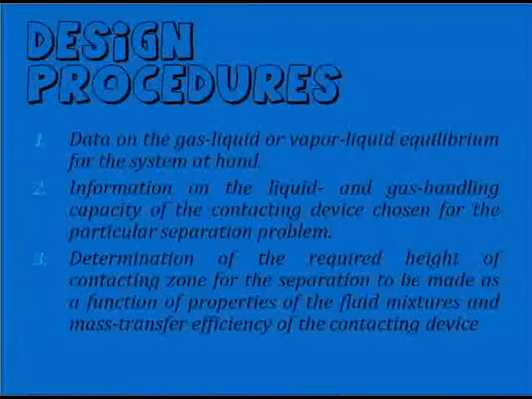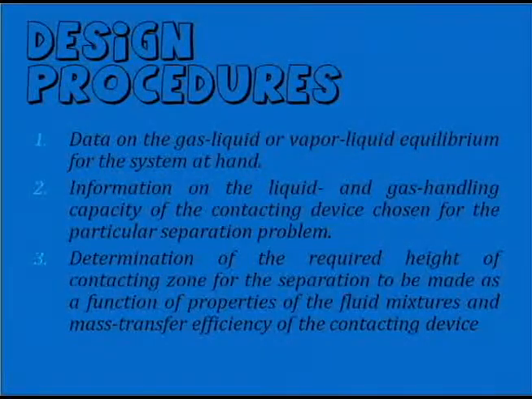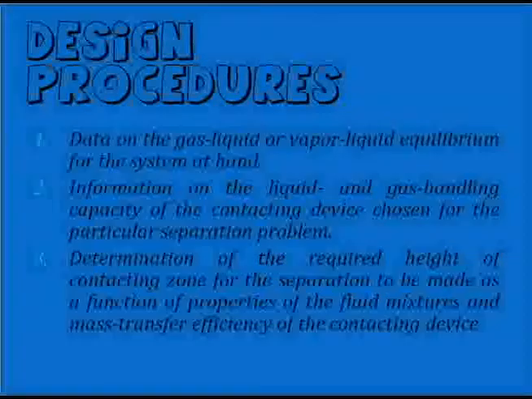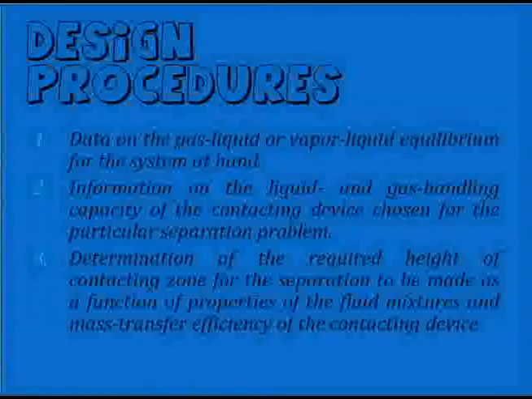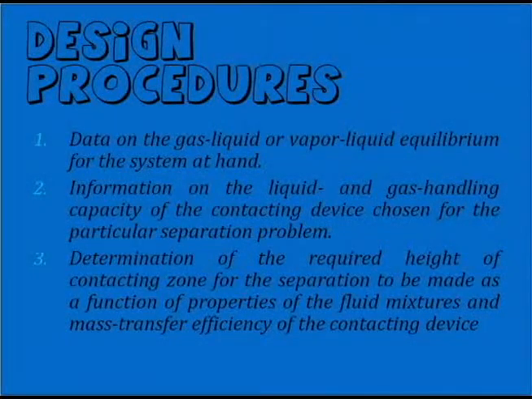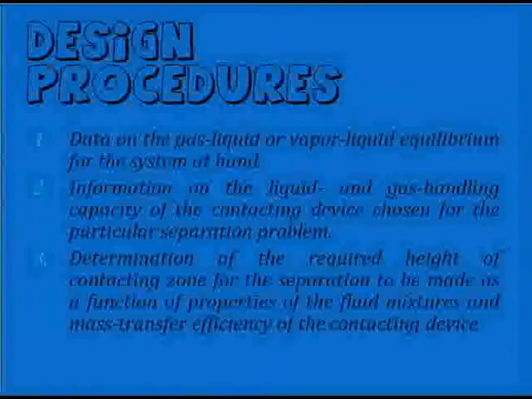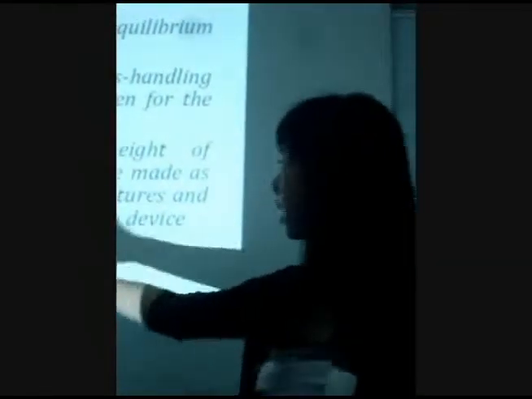This would be the towers and the packing. Determination of the required height of the contacting zone for the separation to be made, as a function of the properties of the liquid mixtures and the mass transfer efficiency of the contacting device. Later on, we'll be discussing wetted wall columns, and that would discuss this third item.